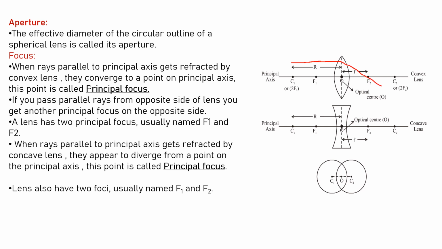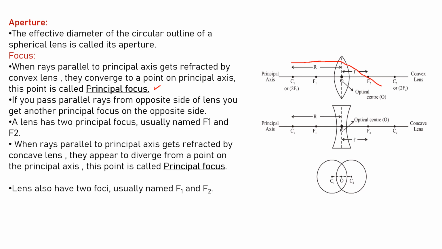For every dot of the object I need to take two rays. Here I have just taken one ray, but we are still to do the images. This is just to explain to you all. So they converge at a point on the principal axis. This point is known as the principal focus. This is a very new point in lenses. Wherever they are converging on the principal axis, it is the principal focus.